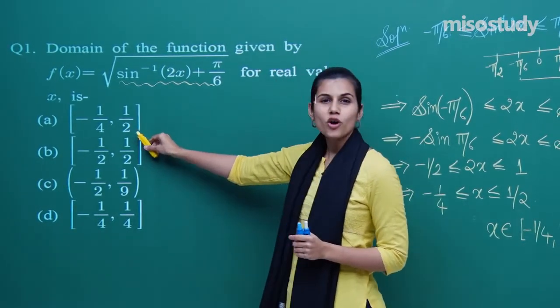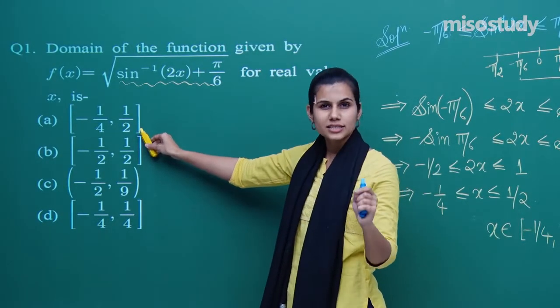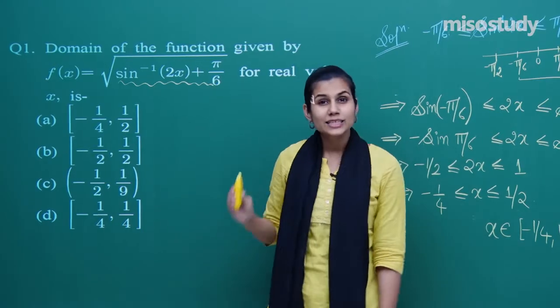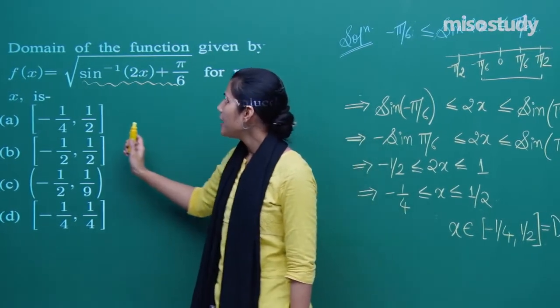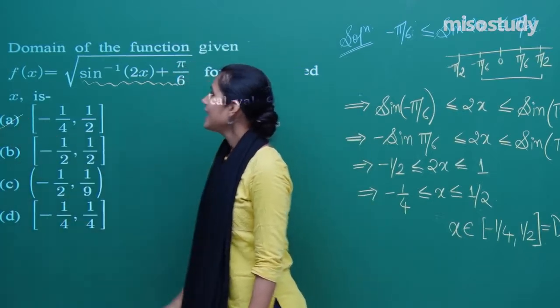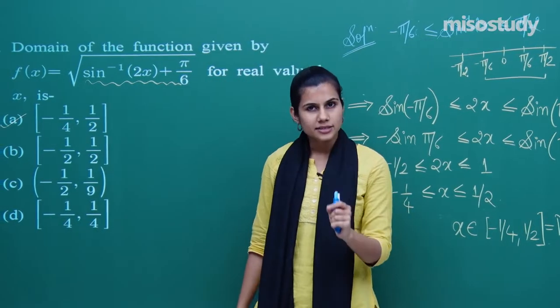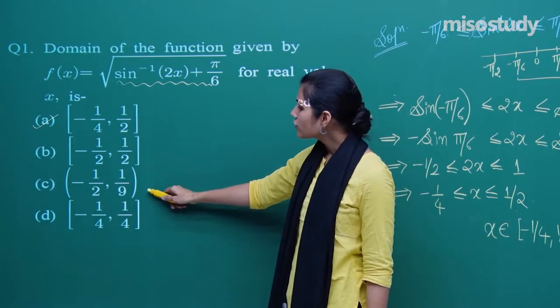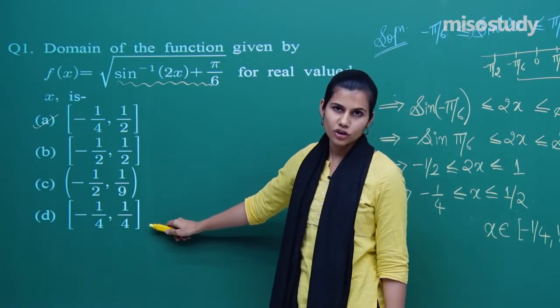Minus 1 by 4 comma 1 by 2, the very first option happens to be the correct one because it tallies with our solution, and therefore A is my correct answer. B definitely is wrong, C is wrong, and D is again wrong.